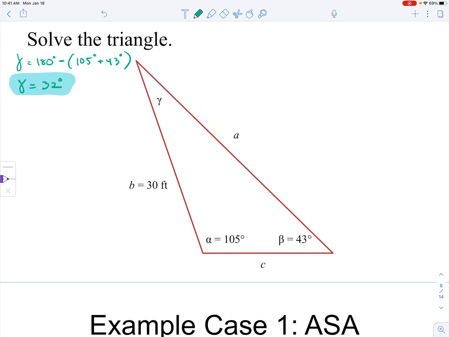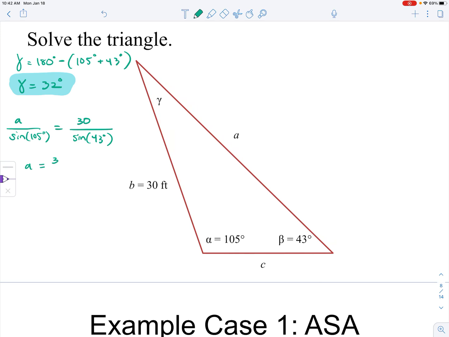Next, we could solve for side A. Although since we know what gamma is, we could also solve for side C, but we'll just go in alphabetical order. So using law of sines, since I'm solving for the side length A, I'm going to do A in the numerator over sine of 105 degrees equals, and I like to use the given information as much as possible, although we don't know what C is, so we couldn't use C. So that would be equal to B, which is 30 feet, over sine of 43 degrees.